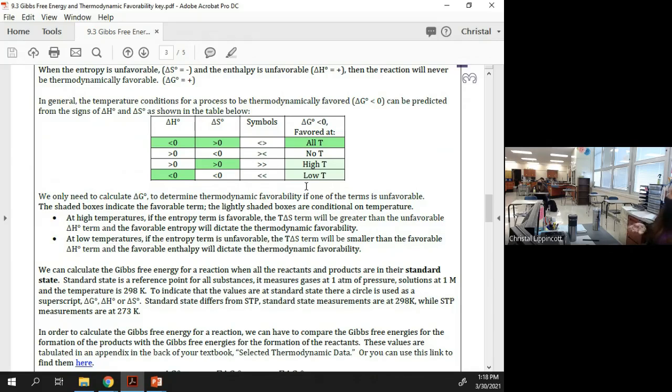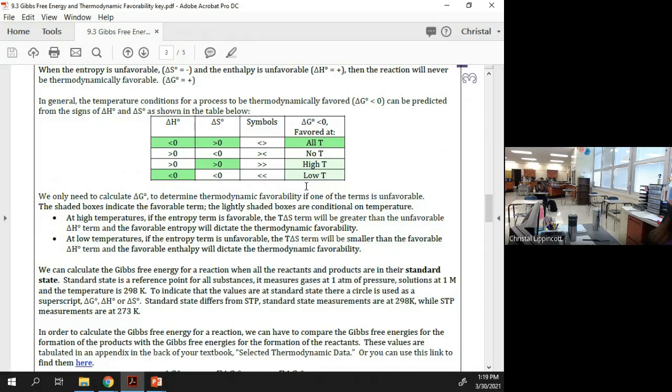Because you need to memorize this chart. Even for my class, but especially for the AP exam, you've got to memorize this chart. So that's an easy way to do it. You just use their equation and you think of, oh, everything, all temperatures, no temperatures, high, low, and then it kind of works out. Whatever you've got to do, just get it memorized.